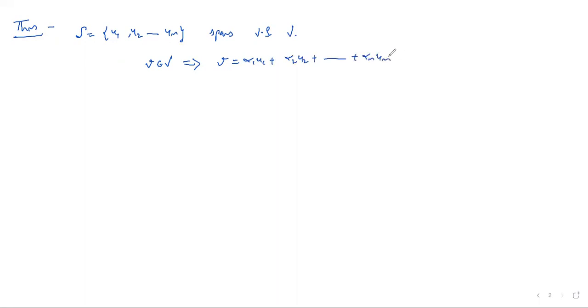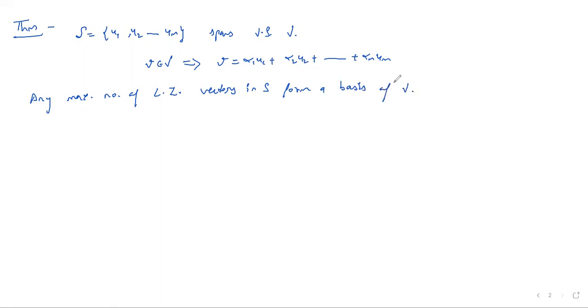Now from this we can say that any maximum number of linearly independent vectors in S form a basis of V.